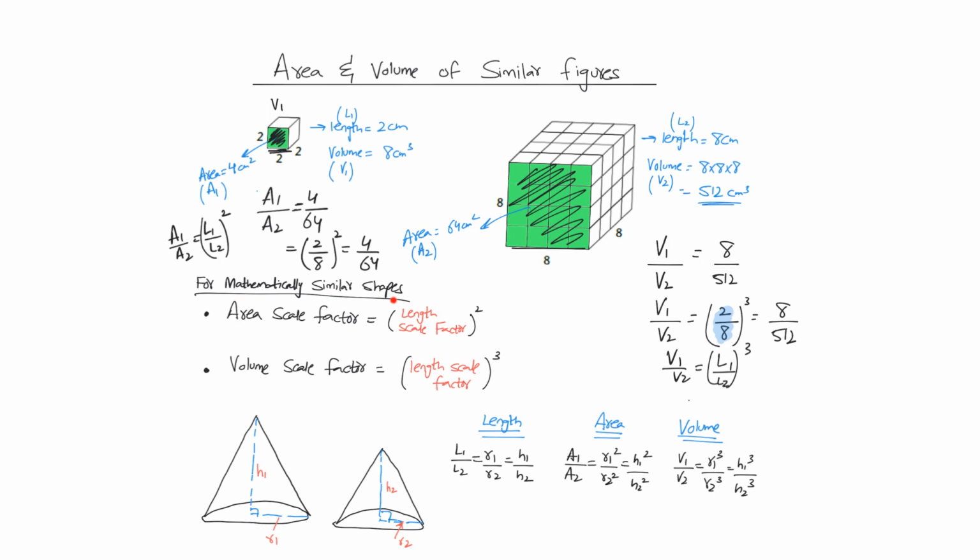So for mathematically similar shapes, the area scale factor is just the length scale factor squared. Volume scale factor is the length scale factor, the whole thing cubed.